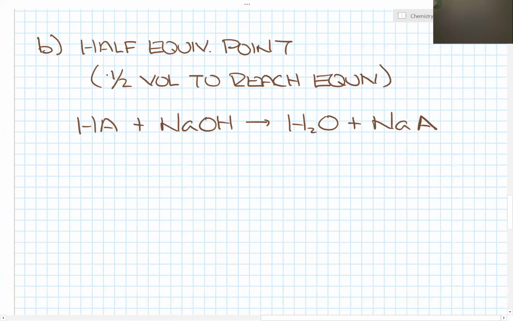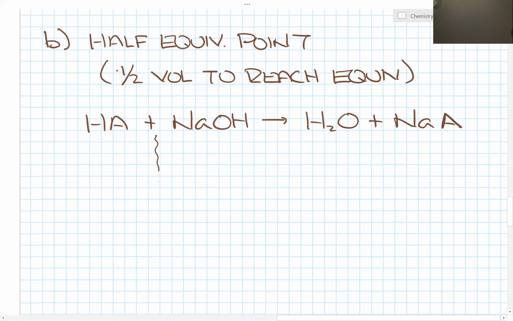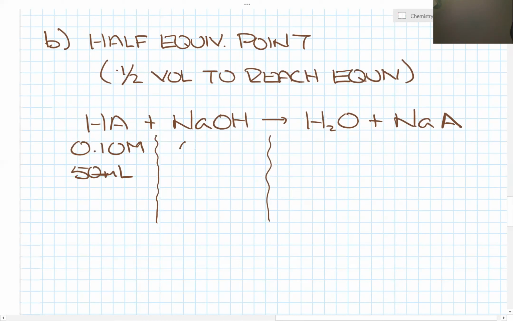So here, if I write this down, this will be 0.10 molarity. This will be 50 mils. Here would be 0.10 molarity. This would be 25 mils.